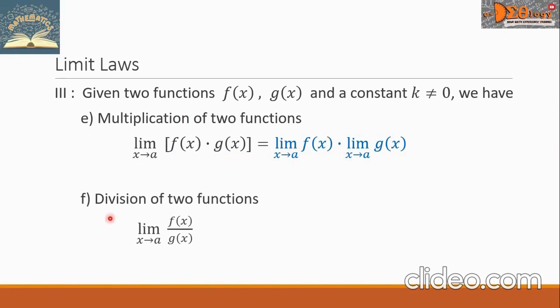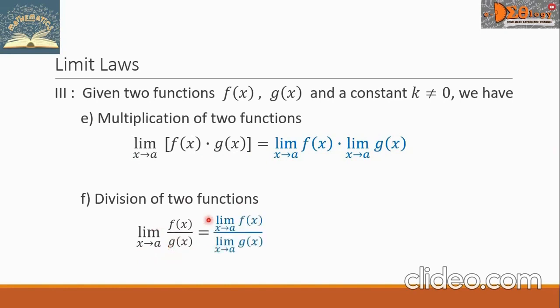Letter F, division of two functions. And the form is the limit as x approaches a of the two functions f of x divided by g of x. To simplify this, we're going to take the limit of the numerator and the denominator respectively.